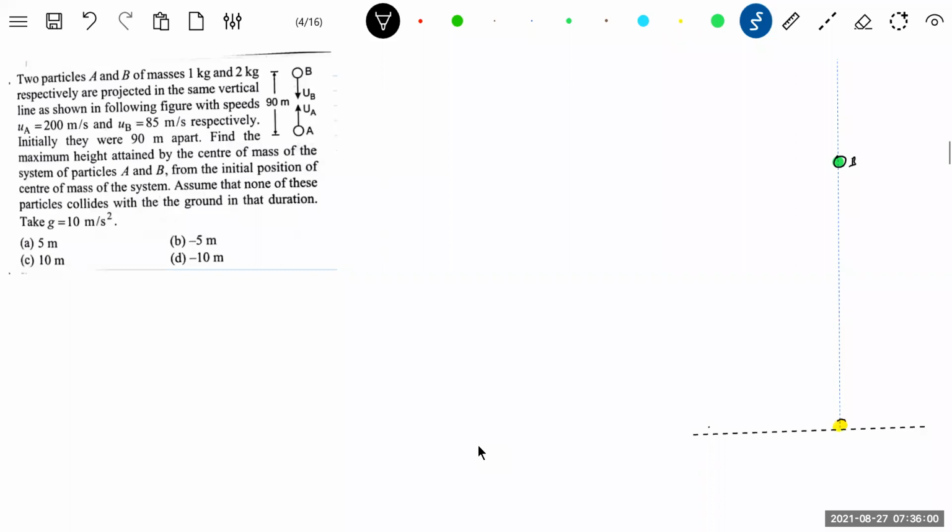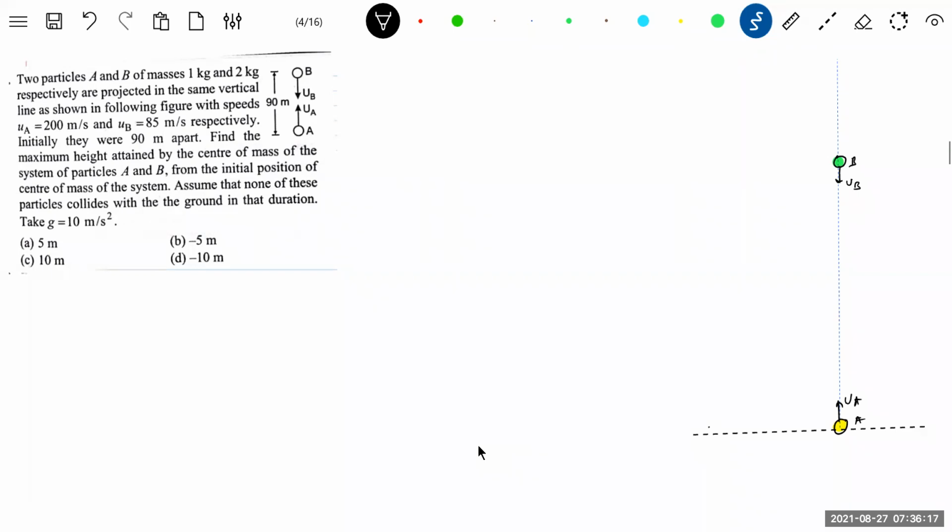First understand the situation given, and both are projected with a velocity. Initially some height is there. We have to discuss the motion of the center of mass.